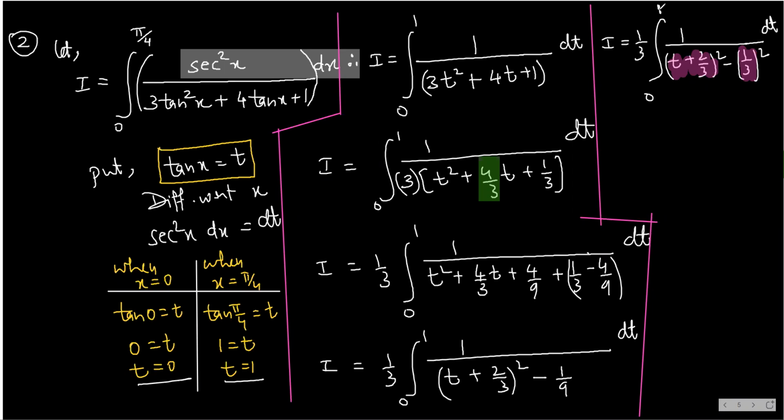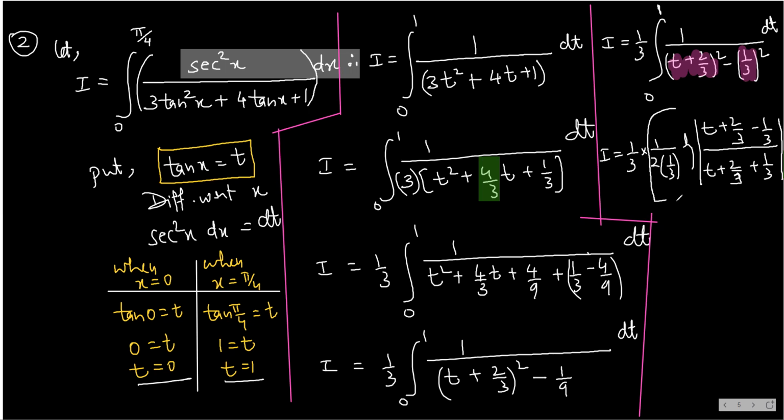So here I write I equals 1 upon 3 and 1 upon 2a, that is 1 upon 2 into 1 by 3, log of (x minus a) upon (x plus a), that is (t plus 2 by 3 minus 1 by 3) upon (t plus 2 by 3 plus 1 by 3), from 0 to 1.